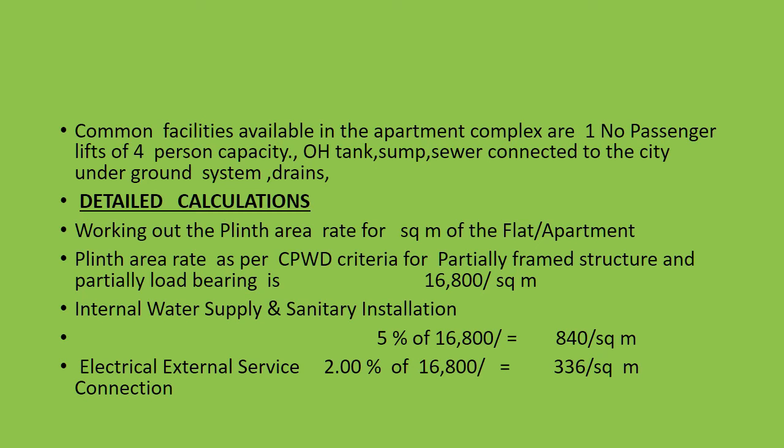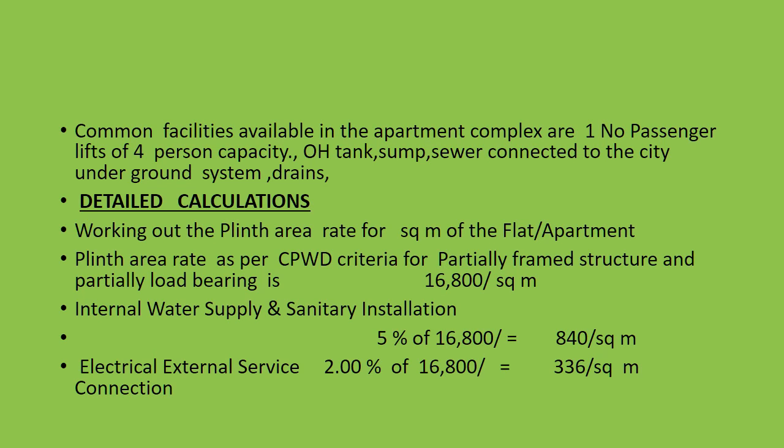Plinth area rate as per CPWD criteria for partially framed structure and partially load bearing structure is 16,800 per square meter. Internal water supply and sanitary installation only 5% of 16,800. The original specification is 9%.